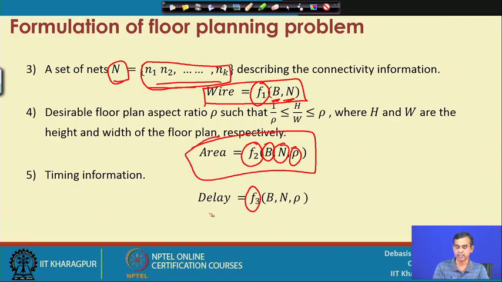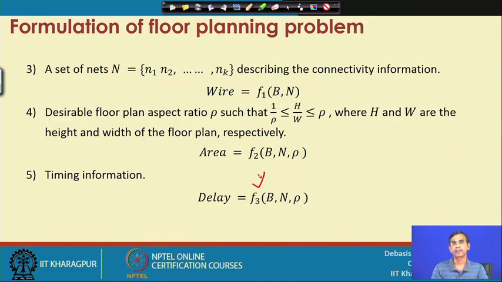Similarly, f3 is another function that calculates the delay of the entire circuit. Given the set of blocks, the connections, and rho the aspect ratio, f3 gives the measurement of the delay involved in the layout design. So, these are the three functions f1, f2, f3, obtained from the VLSI specialist. Given B, N and rho, they can calculate f1, f2 and f3, namely the wire length, the area and the delay of the block that is required.